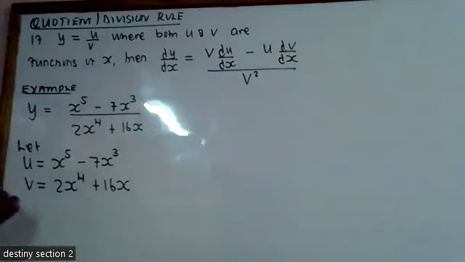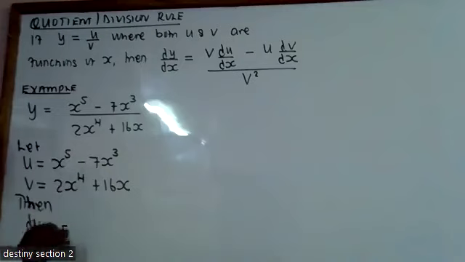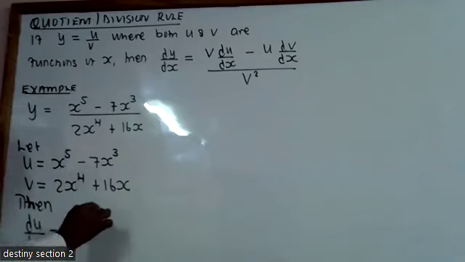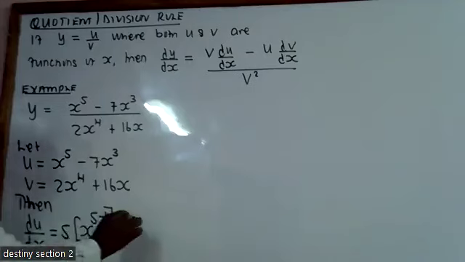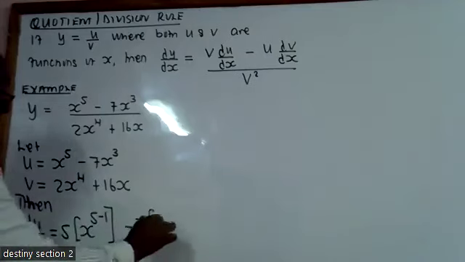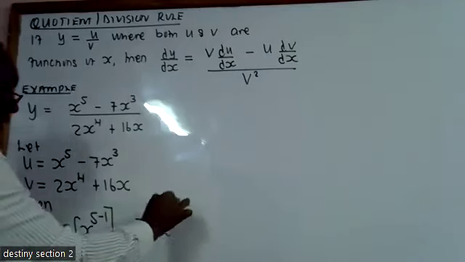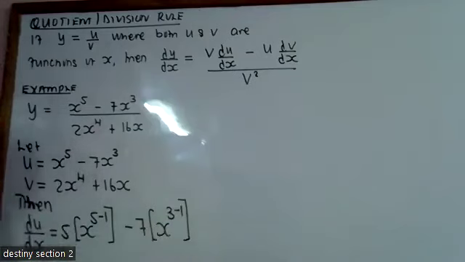Now, you say then du/dx. You take the power 5 here. You say x raised power 5, you minus 1. Then you say minus 7, x raised power 3, you minus 1.